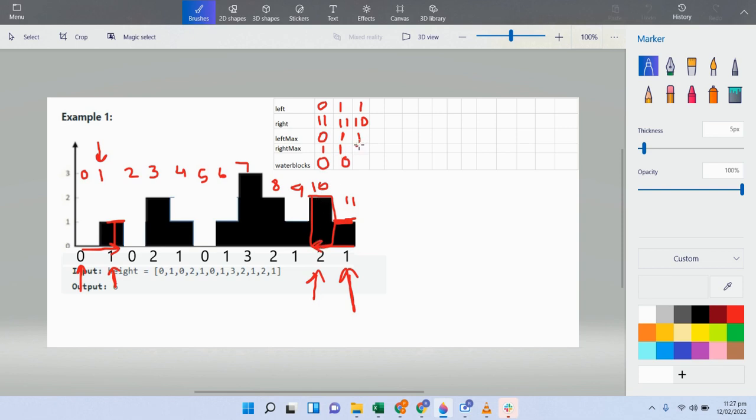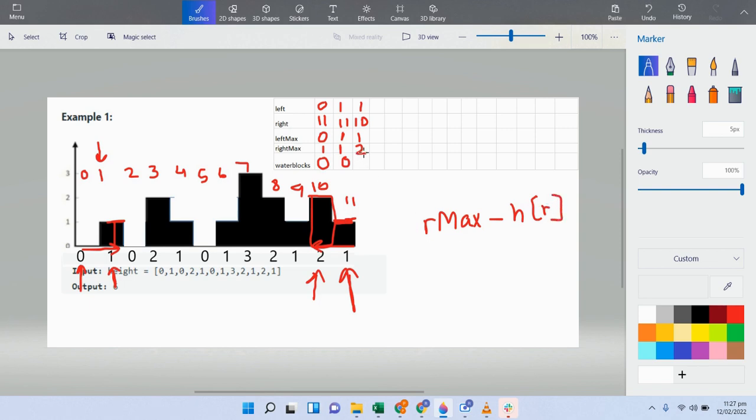So I will write this as value 2, and then I'm going to check how much water I can store at this position. Can I store any water? No, because the rule is I need to subtract the current height from the right max. So the current height is, I'm not writing the whole age, the height at the right position, wherever my right pointer is.